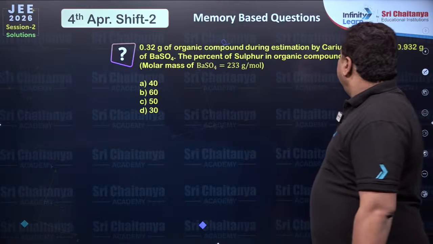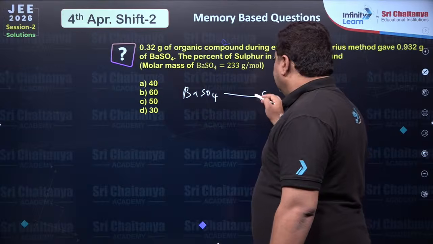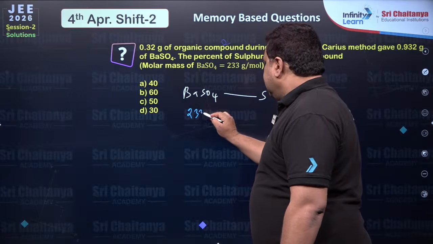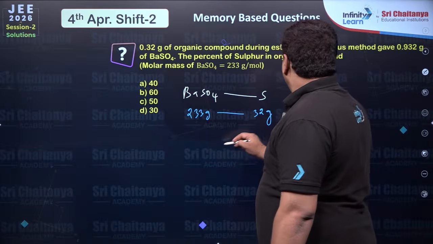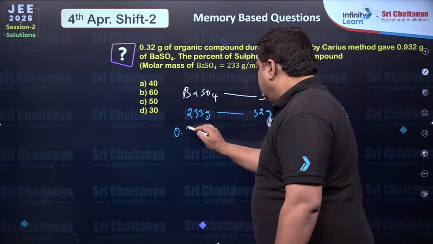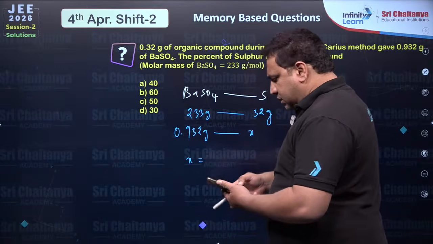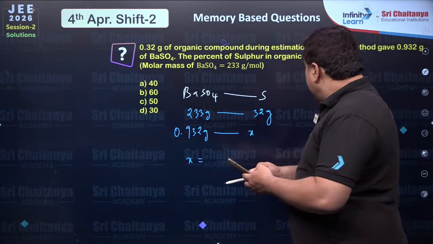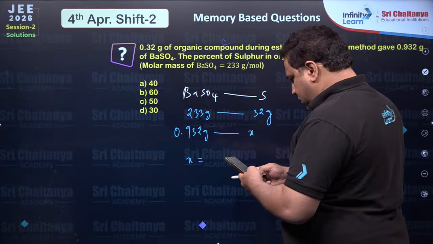Right. So everybody can see that barium sulfate has sulfur. So we can tell 233 grams have 32 grams of sulfur. Correct? Then how much is it here? 0.932 grams have X. So X is equal to how much? I am using the calculator. 0.932 into 32 divided by 233.